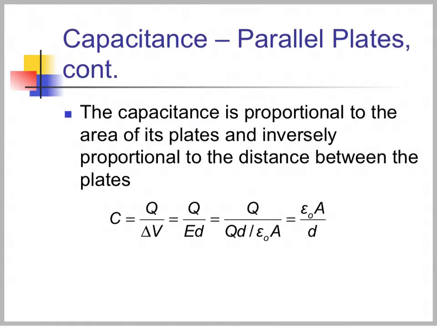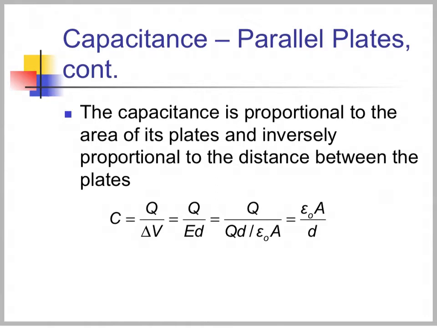We said the capacitance is proportional to the area of the plates and inversely proportional to the distance between the plates. We know that capacitance is Q over delta V. If it's a uniform electric field, then we can use our substitution that the potential difference between the plates is E times d.